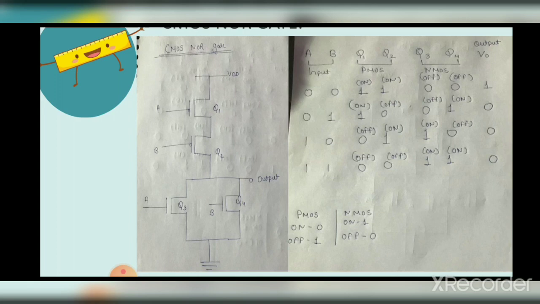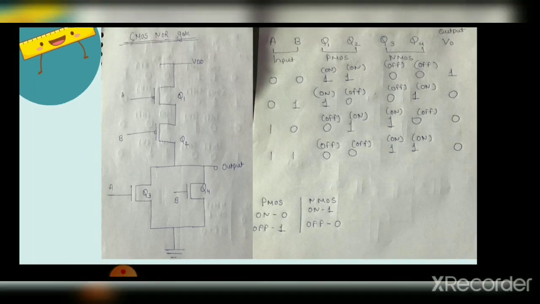So we get low output due to ground. Remember the point: when the output is connected to VDD we get 1 as output, and when it is connected to ground we get 0 output. So we can implement the NOR gate by using CMOS again.